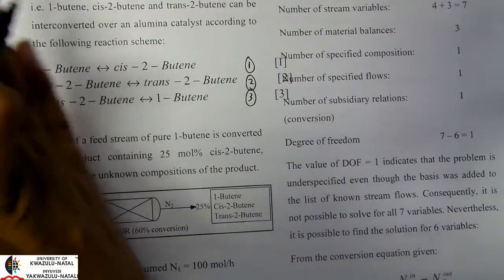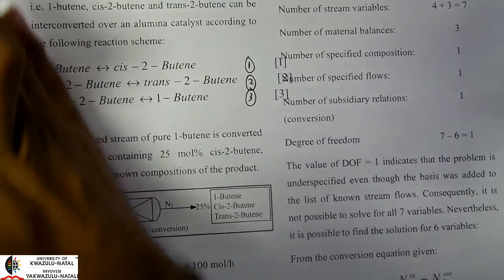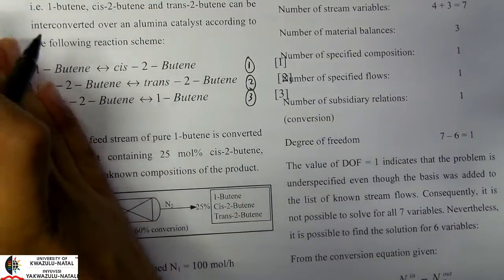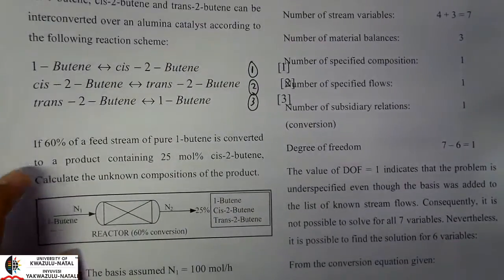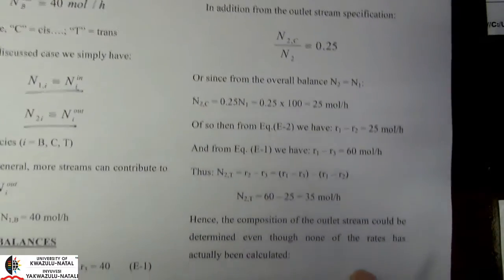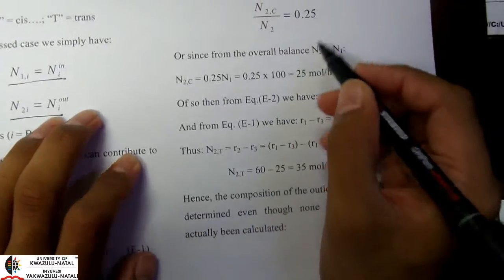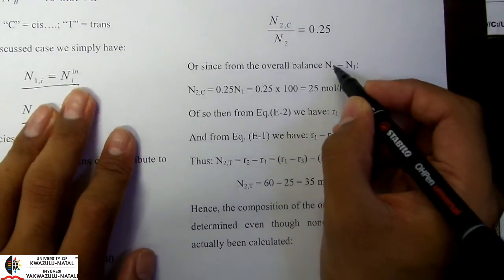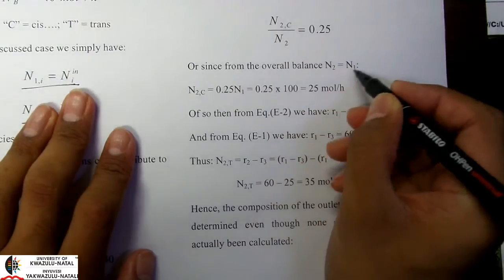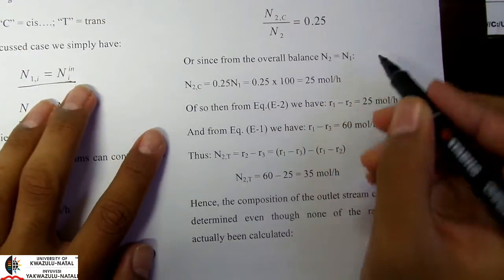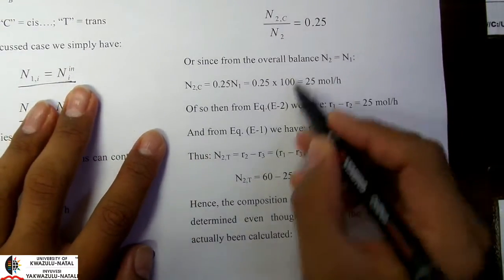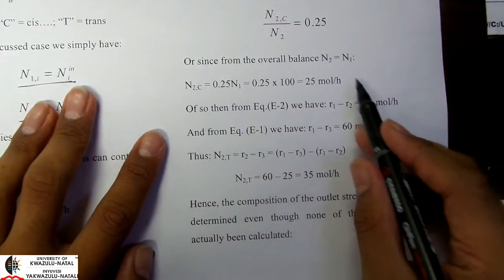So we have a balance of reactants, 1 mole of reactants changing to 1 mole of products. So we can actually infer that our output, our total number of moles, N2, is equal to N1. And we can use this information to ultimately solve.